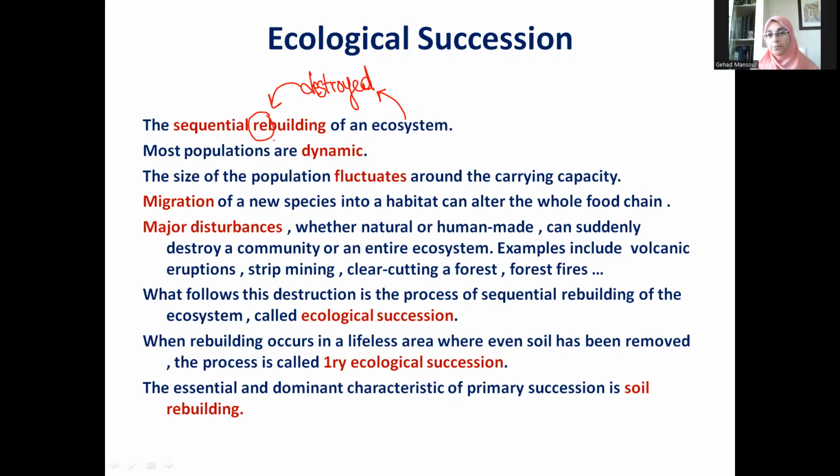Of course, this occurs spontaneously, even without the interference of human beings. So this is number one. It is not building of an ecosystem, but it is rebuilding of an already destroyed ecosystem. And it is sequential, meaning that it occurs in steps. As we said before, most populations are dynamic, meaning that we all the time have birth and we have death.